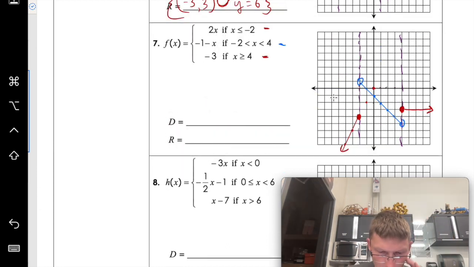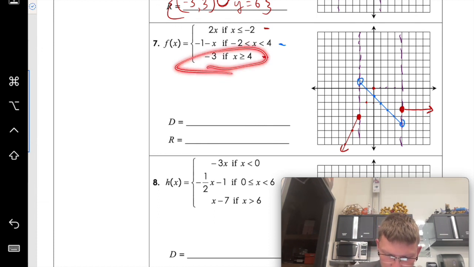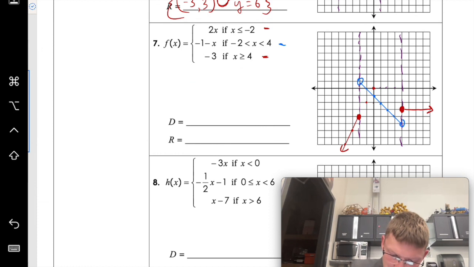All right, 2 more. Once again, we've got 3 different equations going right here, and it looks like 2 of them are normal lines. This guy's going to be a horizontal line. So here we go. We've got a boundary at -2 and then 4. So I made my dotted lines. My far left is going to be this guy.